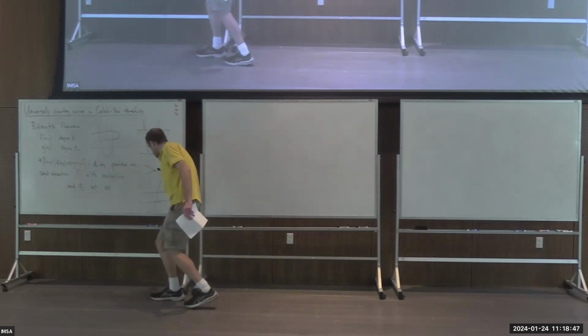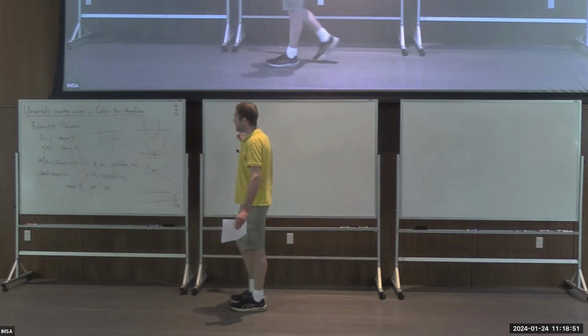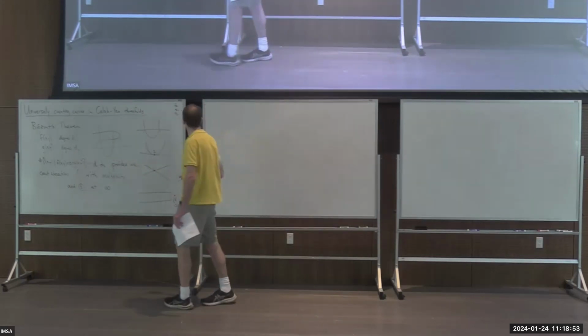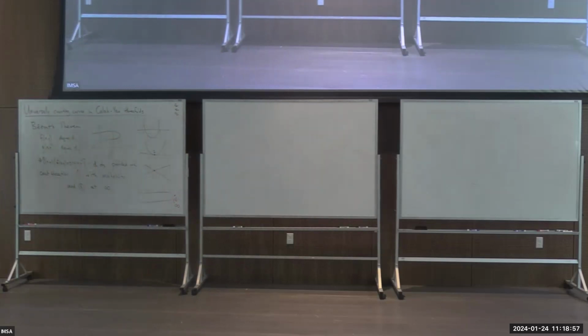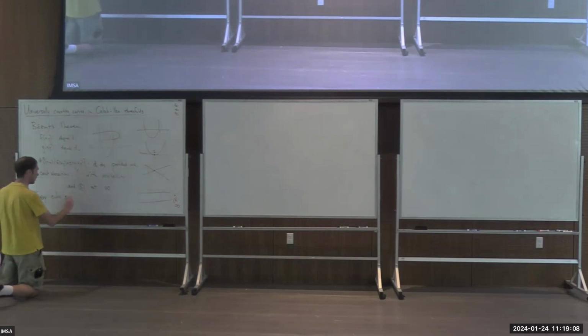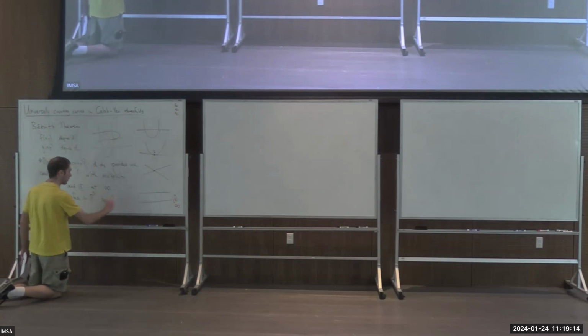okay. So what I want to do in the talk is discuss enumeration of curves. So there are some classical enumerative geometry results like every cubic surface in P3 has 27 lines on it.